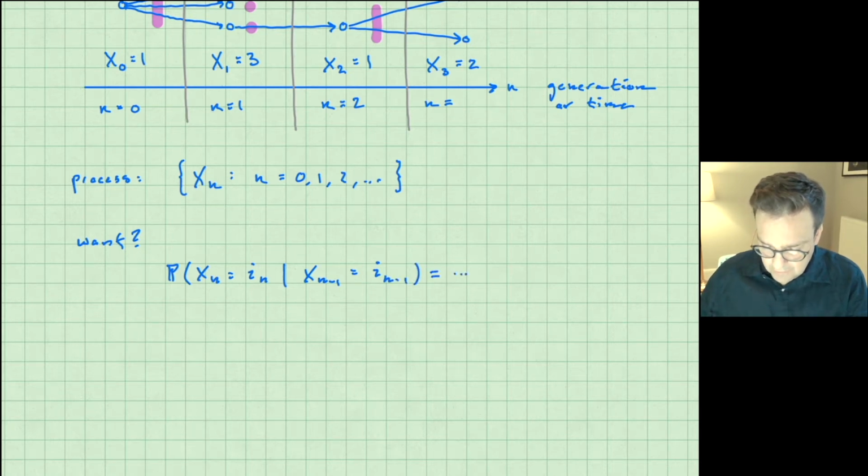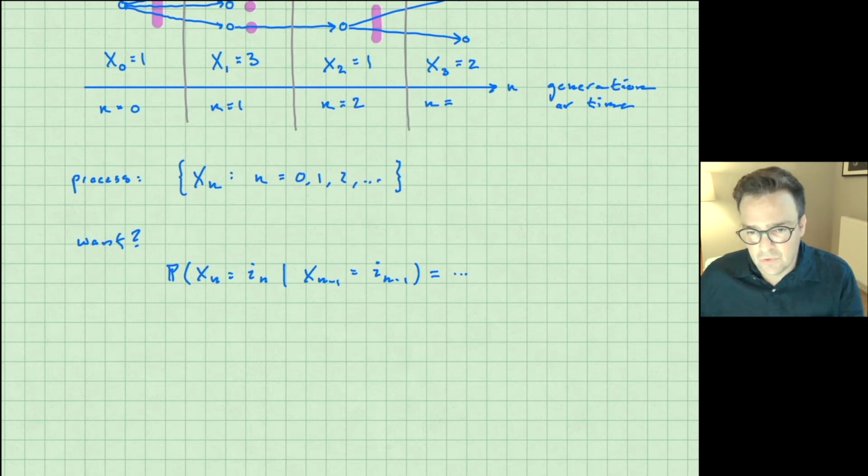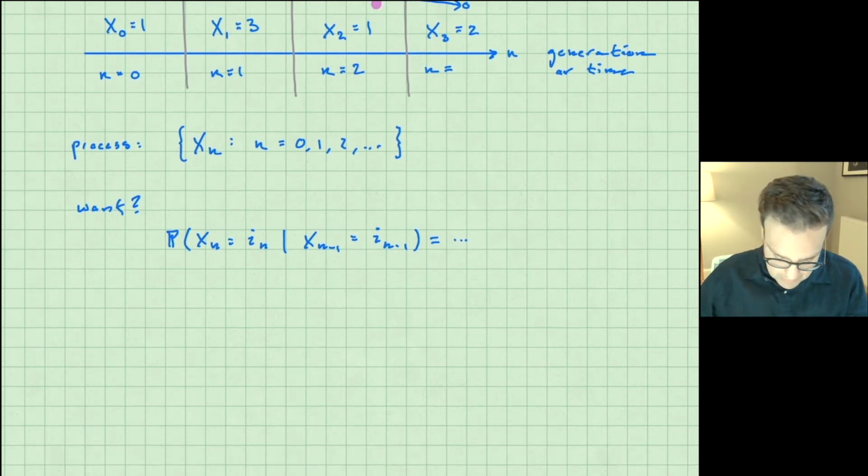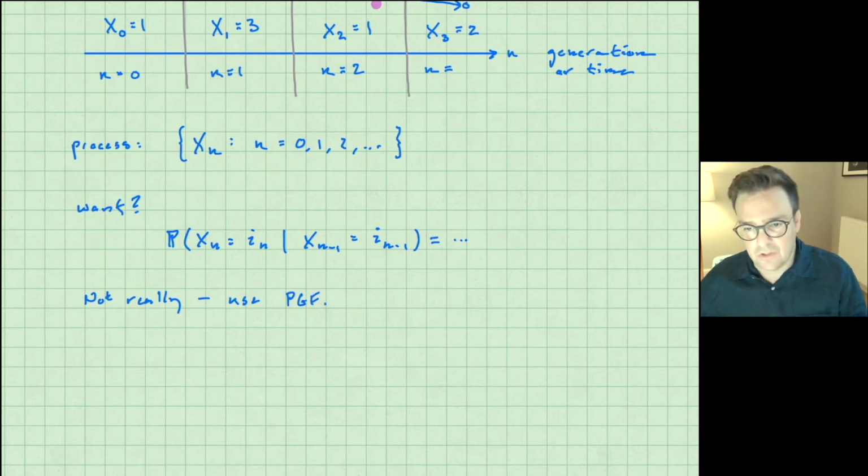And it turns out we won't really do this. We're going to use probability generating functions instead. So not really. Use PGFs. That's going to be our primary tool for talking about these branching processes, probability generating functions.